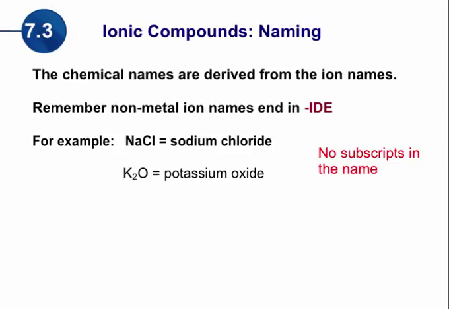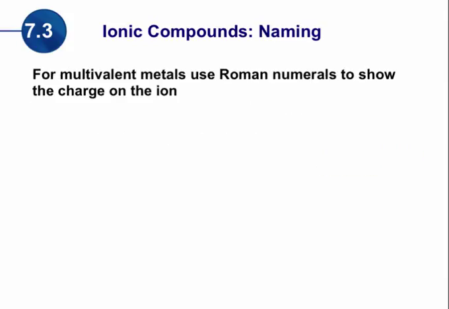We never put the subscripts in the name, we just put the words in the names. Now if we were trying to name something that is multivalent, we do have to indicate the charge, and we're going to use Roman numerals to show the charge. So Roman numerals are going to become important.